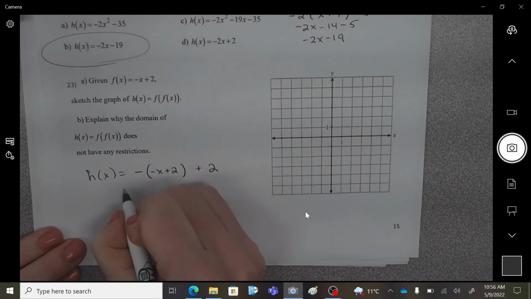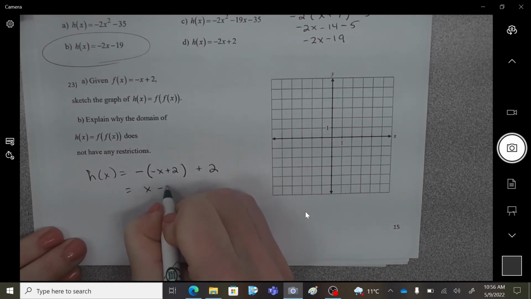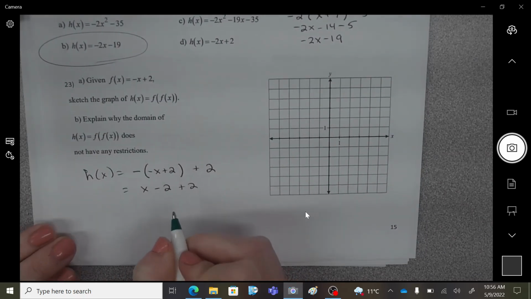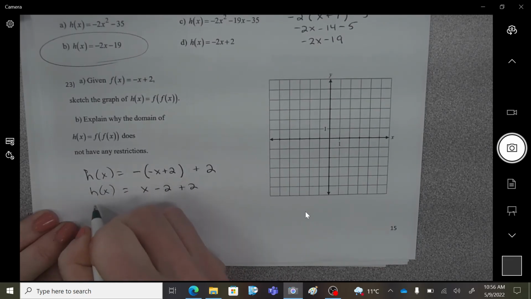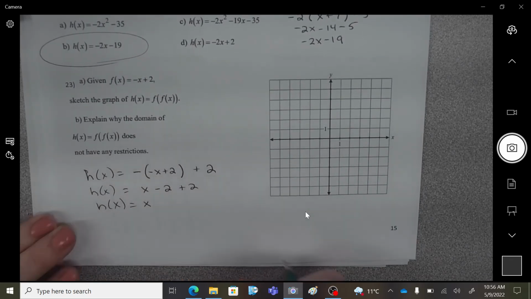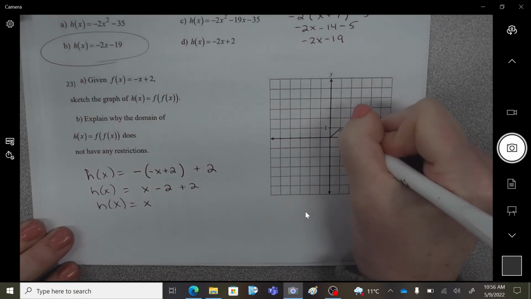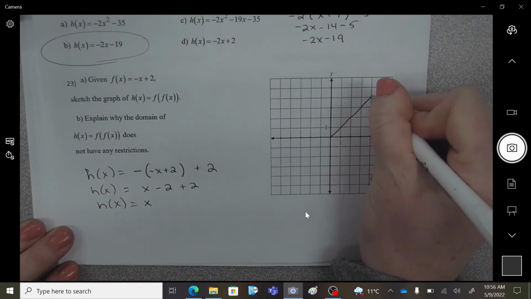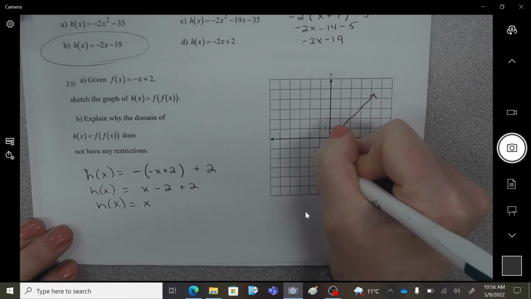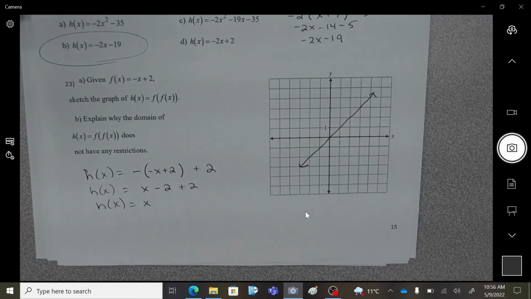Okay, so this makes positive x minus 2 plus 2, which now makes just x, which is just a straight line, and there's no restrictions on my variable.